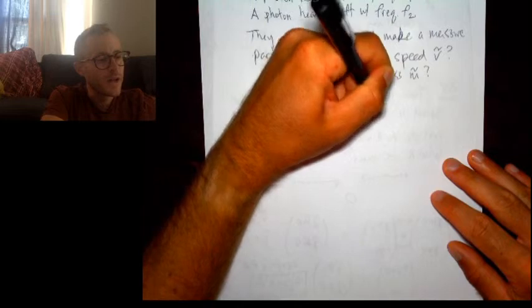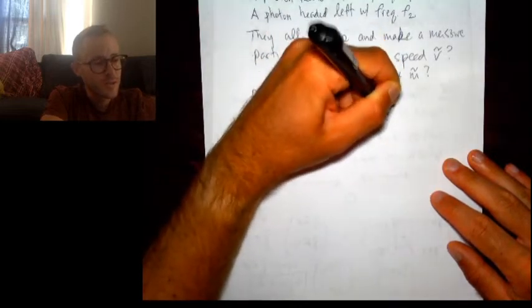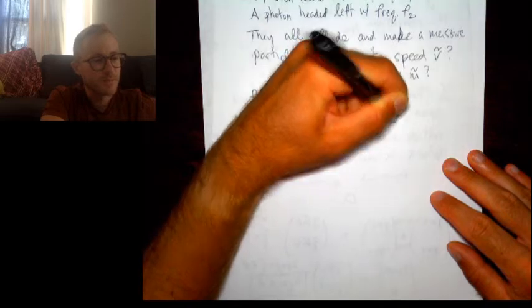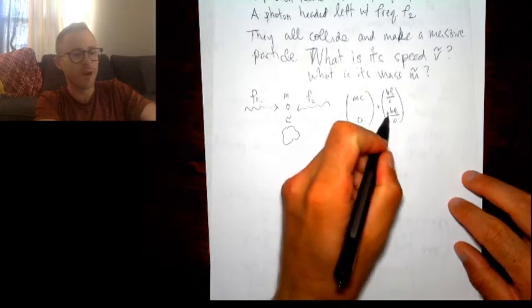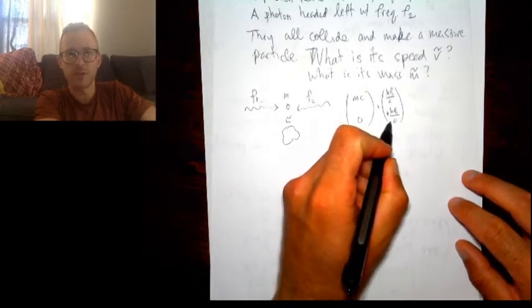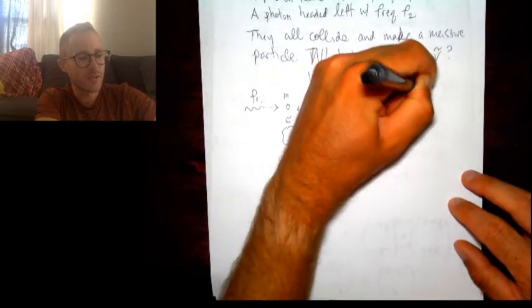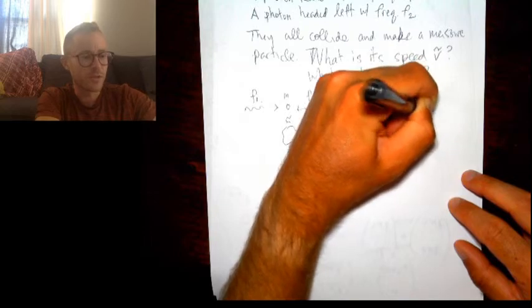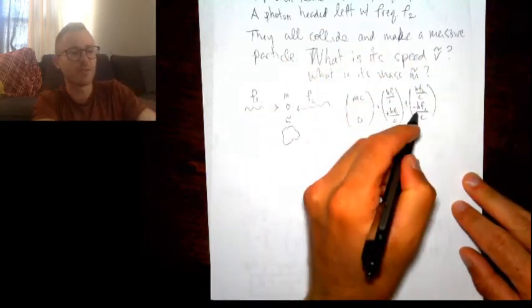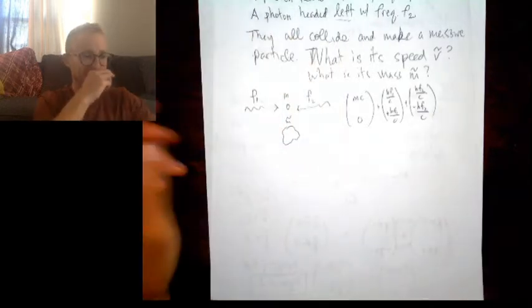And then we have hf1 over c plus hf1 over c. This one has a positive space component because it's traveling to the right. And then we have plus hf2 over c minus hf2 over c. This one has a negative space component because it is traveling to the left.